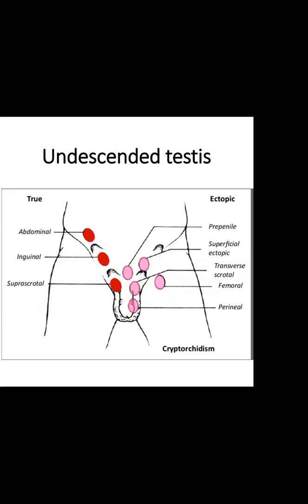Those are the three most common places where you can find a true undescended testis or cryptorchidism. While the ectopic testis, you might find prepenile, superficial ectopic, transverse scrotal, femoral, or perineal. So it may be found anywhere other than the abdominal, inguinal, and suprascrotal sites.